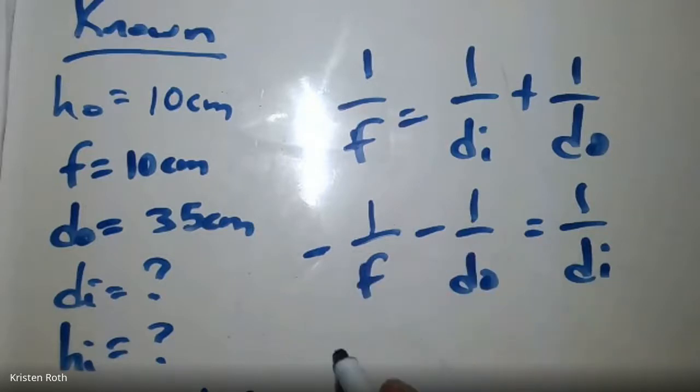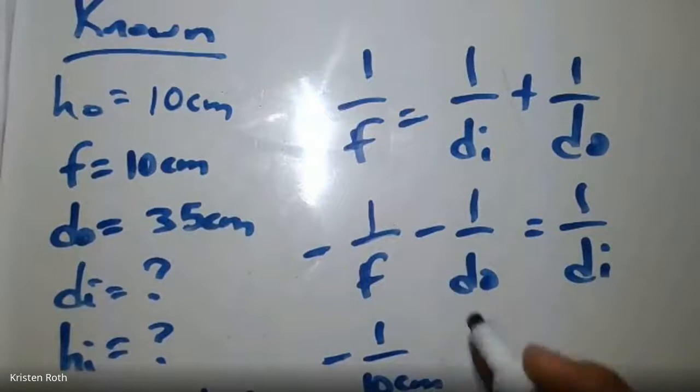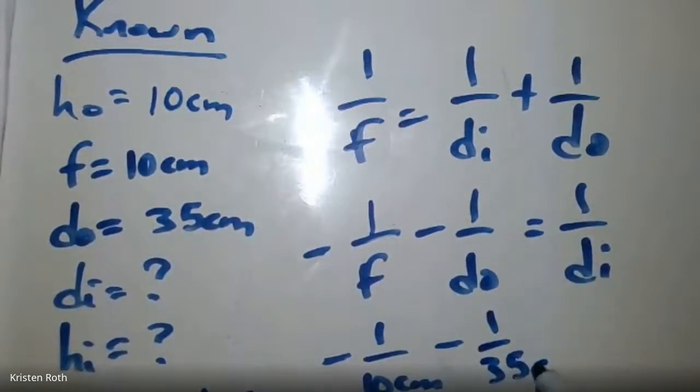Okay, so now we can fill it in. Negative 1 over 10 centimeters, take away 1 over 35 centimeters equals 1 over di. Okay, common denominator here, we are going to use 70. So we did times this one by 7 to get 70.